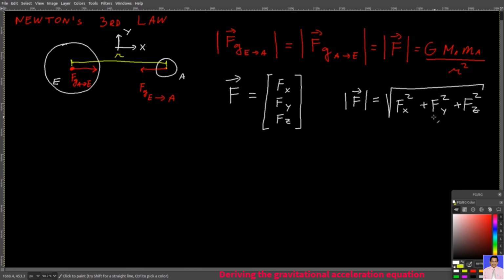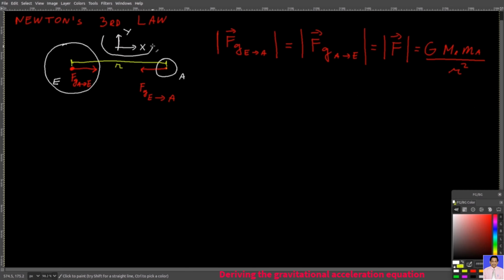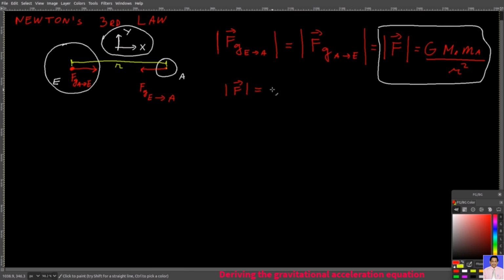And so in this inertia frame, the acceleration of object A towards the Earth is the following. If this is our force formula, then I can also rewrite it like this: the absolute value of F equals the mass of object A times everything else. And you know that when mass is constant, F equals m times acceleration.